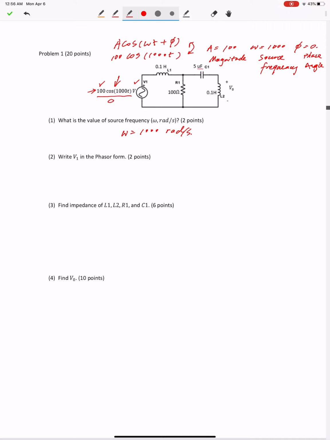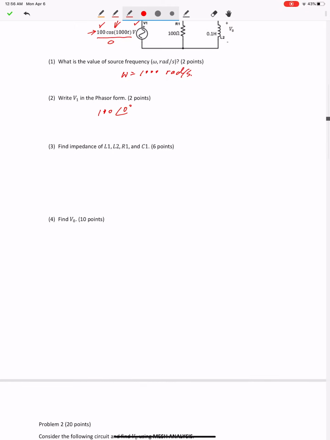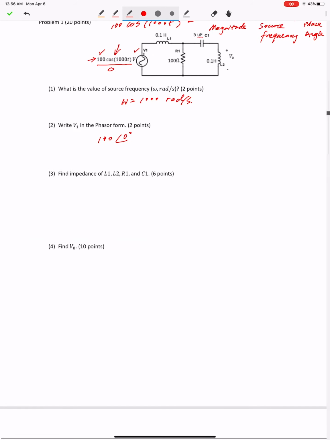So the phasor form of this source function is 100 at 0 degrees. Or you can directly write 100, because 100 at 0 degrees is the polar form, and 100 as a single number is the rectangular form, right?